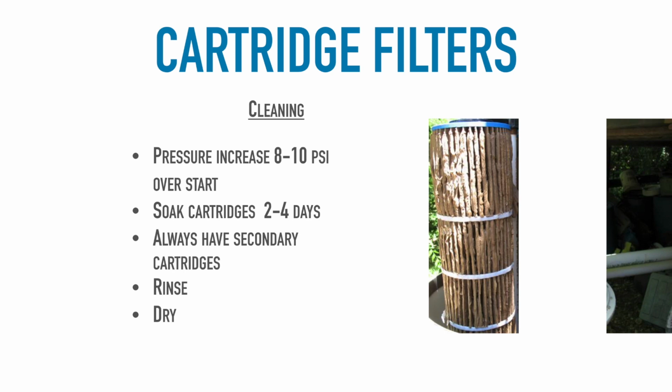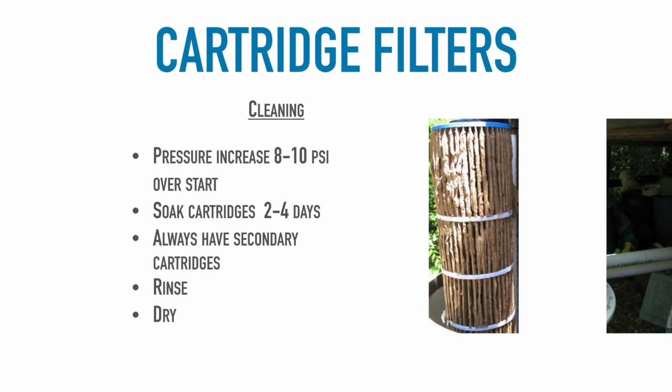We fill it up with water, and then we create a solution that we can get from our local pool supplier, and we soak those cartridges for 2 to 4 days. You want to make sure that you always have a secondary set on hand to put back into the regular filtration equipment so you're not having any downtime because of your cartridge cleaning.